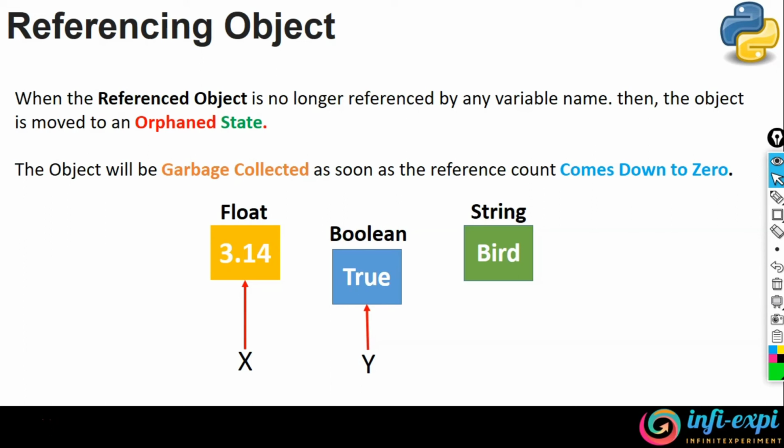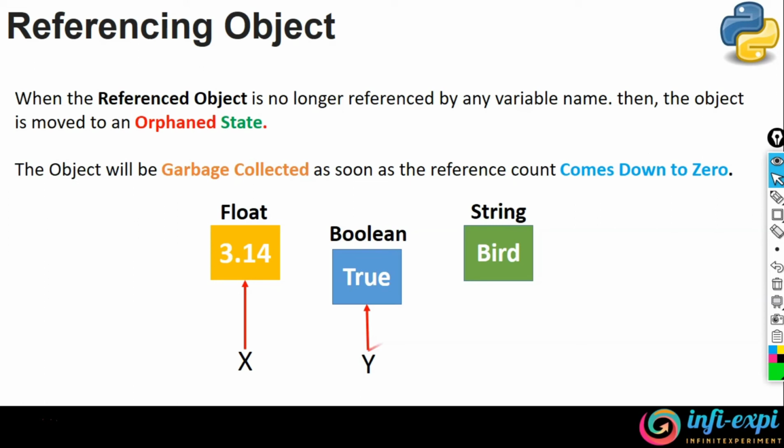As we stated in the definition, when the object reference count comes down to 0, then the object is eligible for garbage collection. But right now you still have x pointing to the float, and y, which was pointing to the float, got disconnected and mapped to the Boolean object.